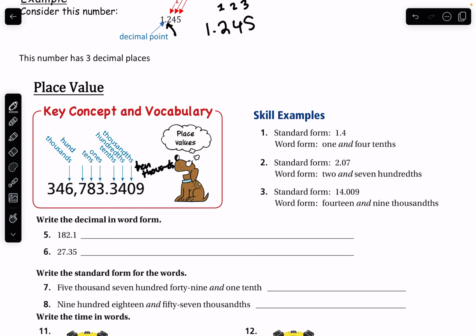We won't get really far in this class. I'm more interested in a number of decimals that make sense. When we're using money, we're going to be going to 2 decimal places all the time because when you're counting money, you deal with dollars and cents, which come in 2 decimal places.